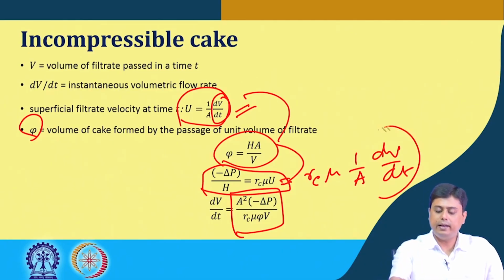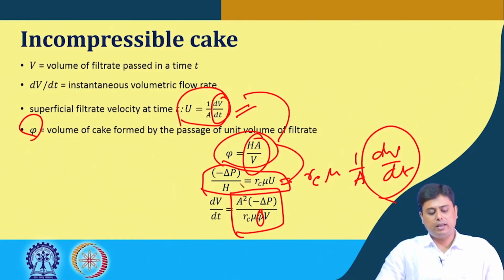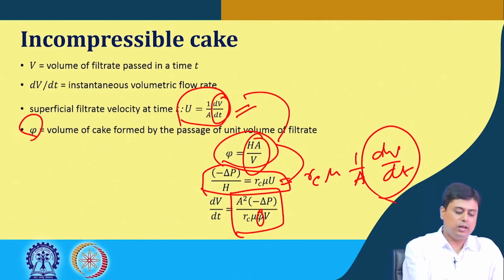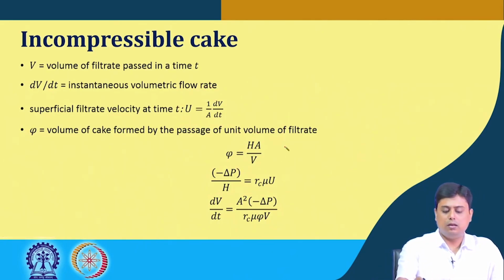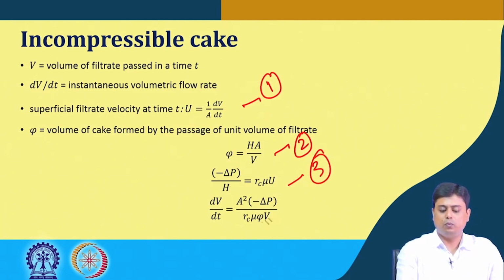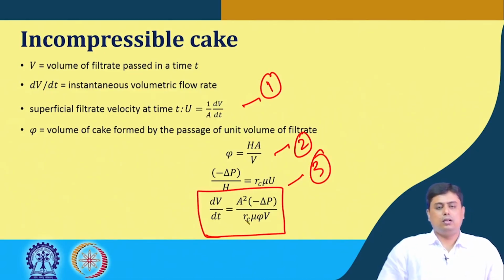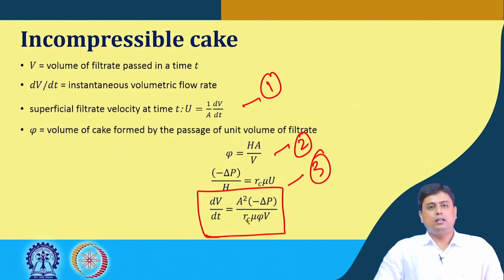You find dV/dt and you would find that there is an expression H by V. To make it, you can multiply the numerator by A and get A squared. So eventually, by linking these three expressions, we can find the instantaneous volumetric flow rate of this filtration process.